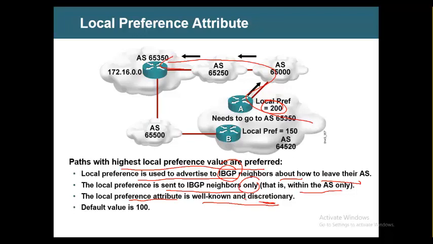That's why, when you asked me for an example, I was not able to give you a name for the attribute, because it varies from vendor to vendor. Optional is not well known. According to BGP attributes, the opposite of well known is optional.